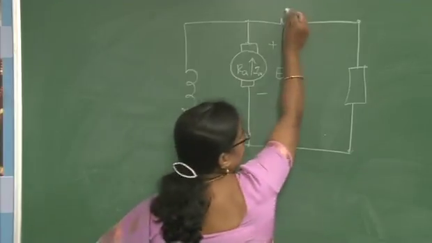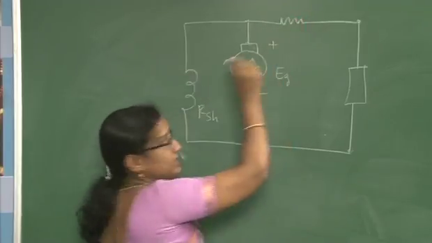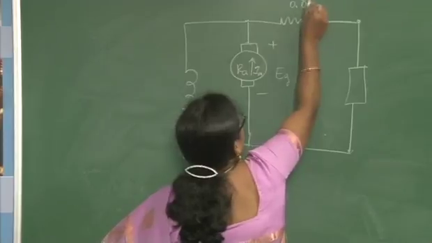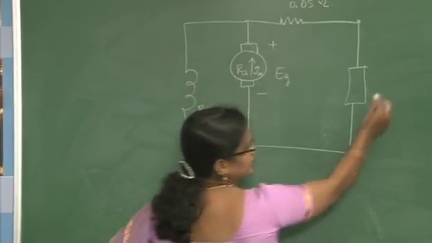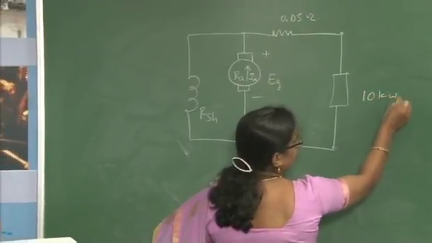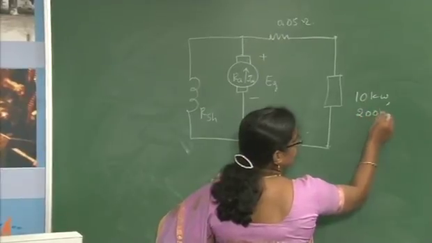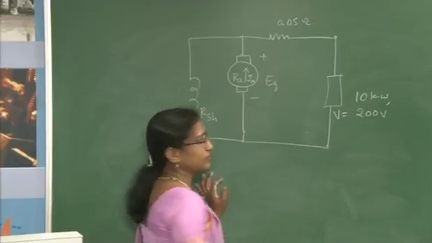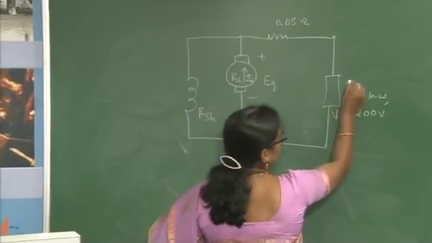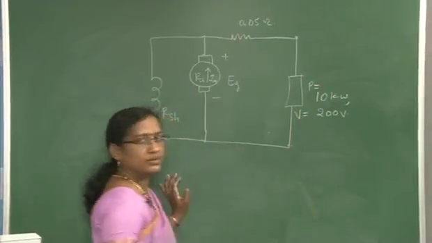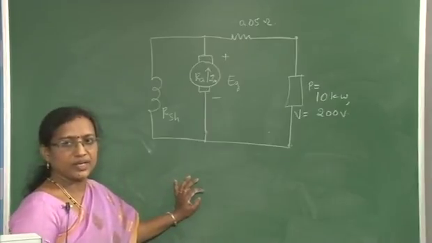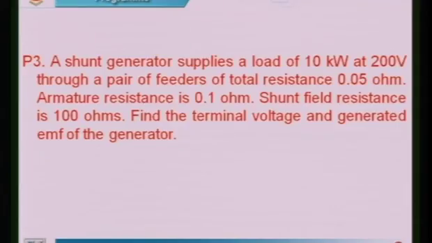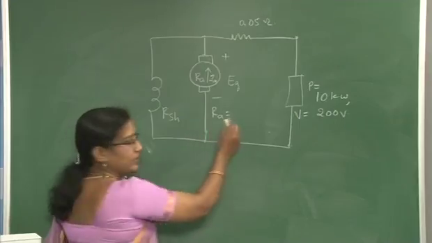So the feeder resistance given is 0.05 ohm, the load is of capacity 10 kilowatt and 200 volt, meaning the terminal voltage V is equal to 200 volt, the power delivered is 10 kilowatt, and the armature resistance Ra is equal to 0.1 ohm.